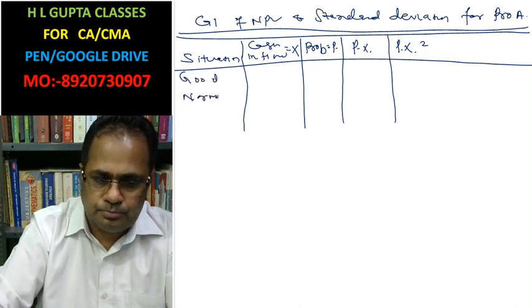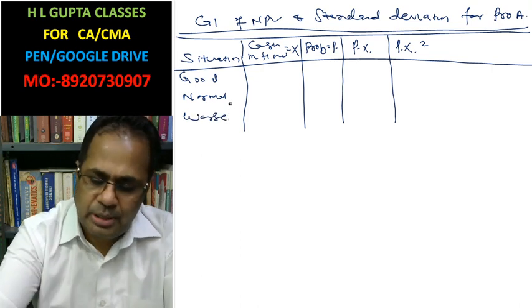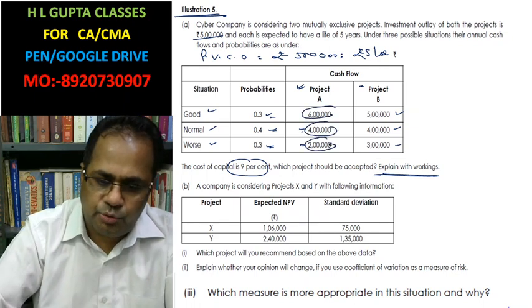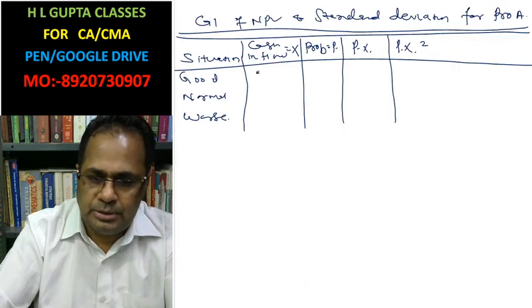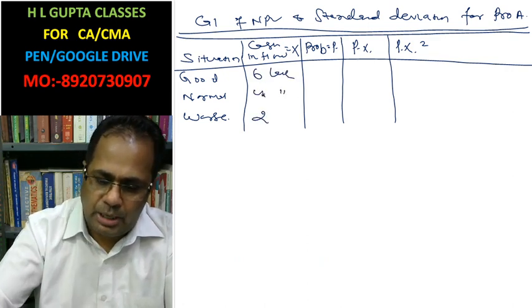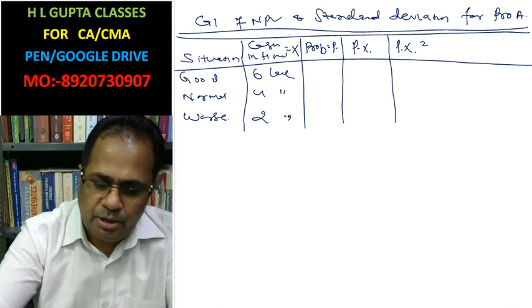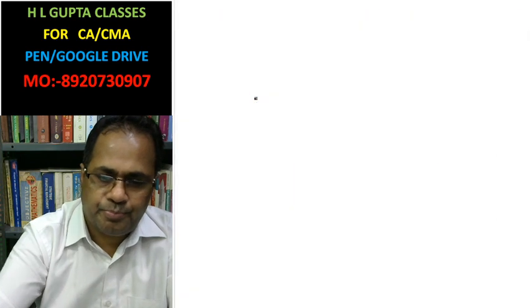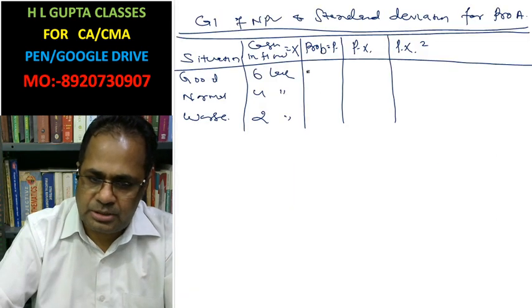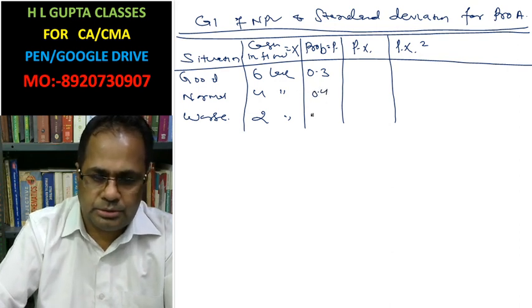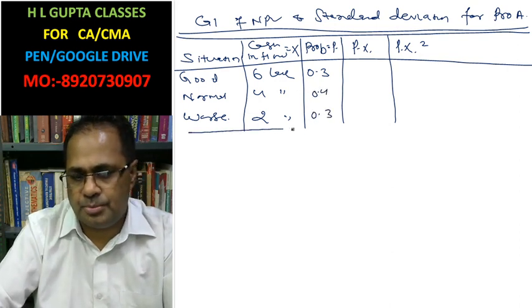Cash inflow for project A is 6 lakh, 4 lakh, 2 lakh, and the probability of these is 0.3, 0.4, 0.3.